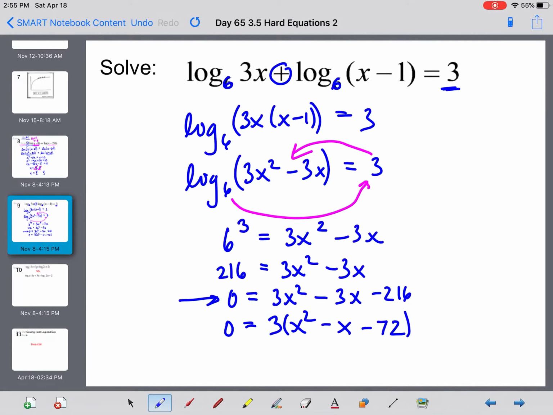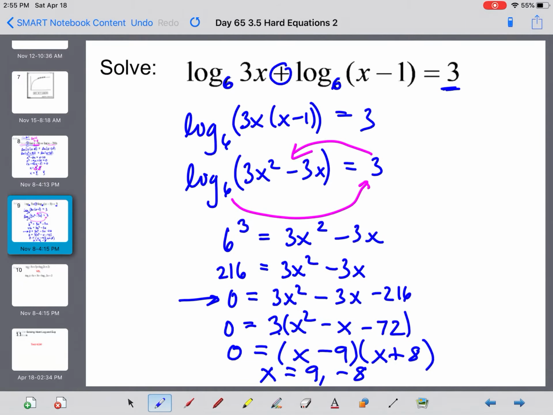That would take me a little bit of time and some scratch paper. But if I take out that GCF of 3, now I'm multiplying to negative 72, and I'm adding to negative 1. So negative 9 and positive 8 would be my factors. So this would mean that my possible solutions would be positive 9 and negative 8.